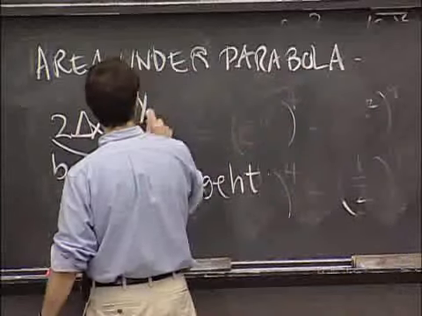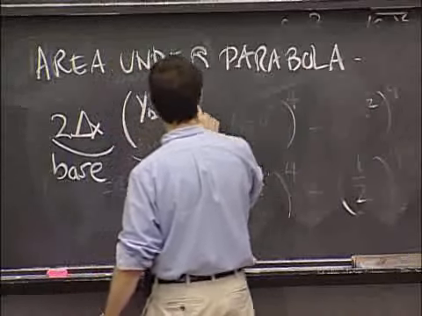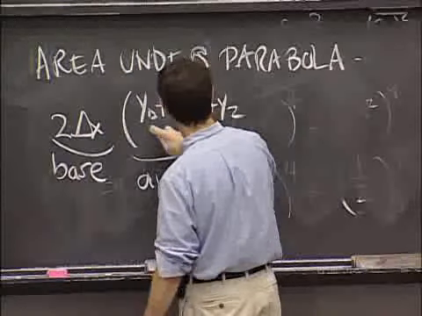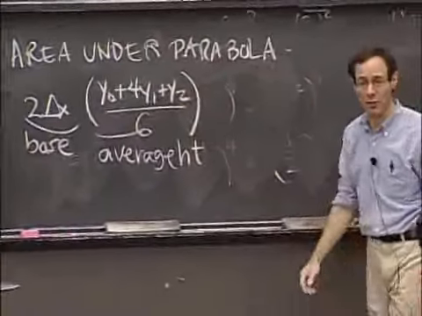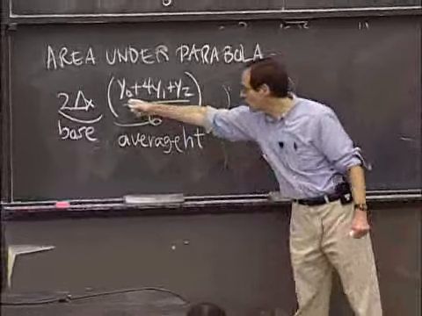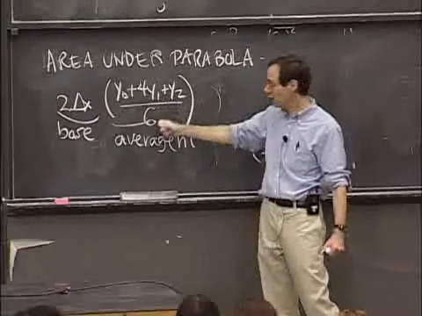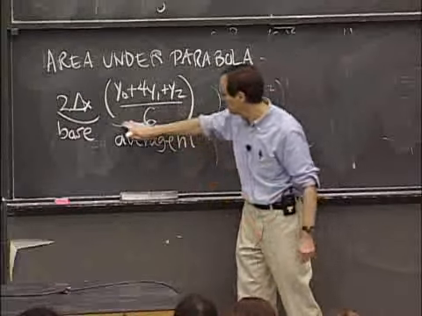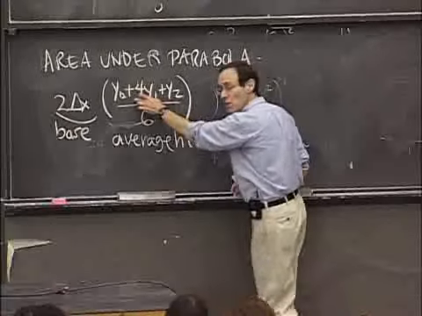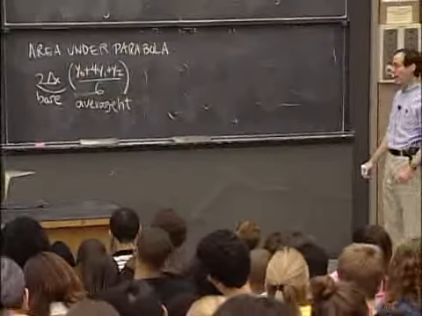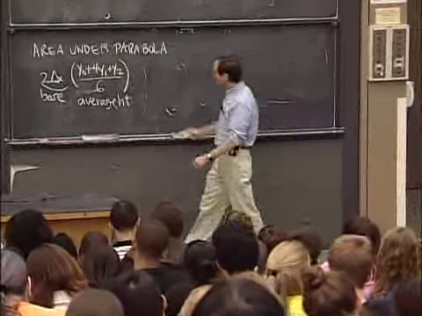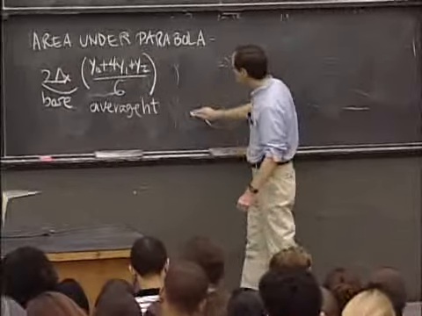It turns out to be y0 plus 4y1 plus y2, divided by 6. It's supposed to be an average, so the total is 1 plus 4 plus 1, and 6 is in the denominator. It emphasizes the middle more than the sides, and that's what happens with a parabola. So this is a computation which is on your homework.